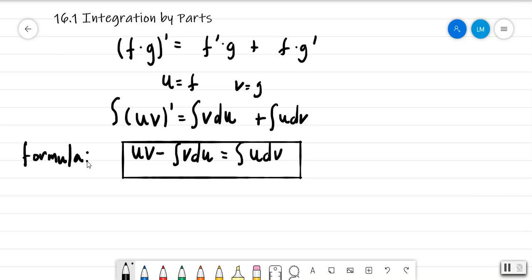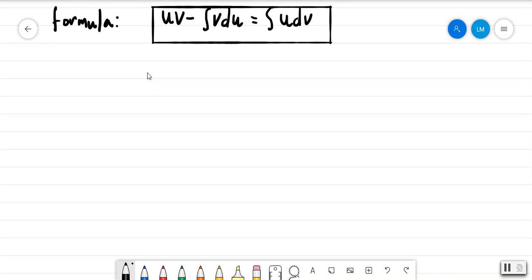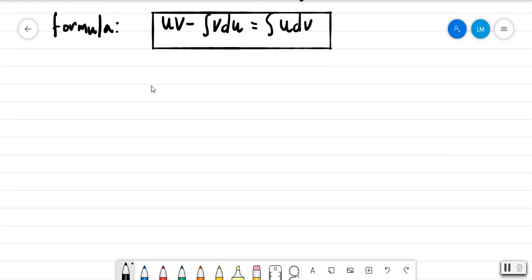And the question becomes, for instance, how do you know which one is which whenever you're looking at an integral like u dv? Now, the way that we can decide how to use our formula is by using what we call LIATE. LIATE essentially determines what your u is and what your dv is.